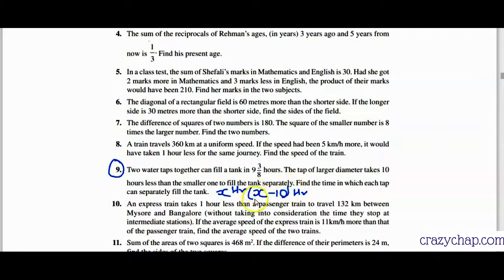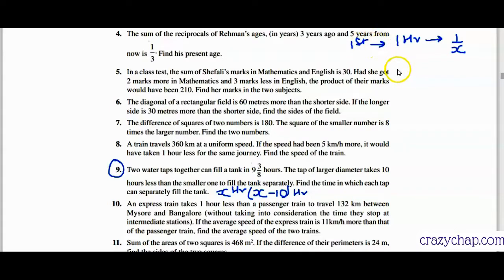Now if they are both working together, how much is their contribution? The first tap, which takes x hours to fill, in 1 hour will fill 1 over x part of the tank, correct? That's the first tap.